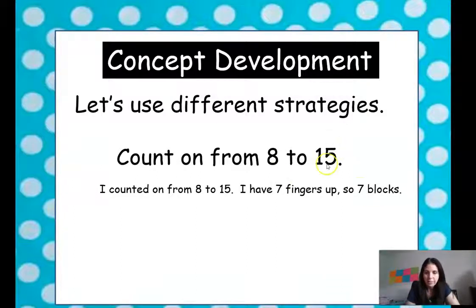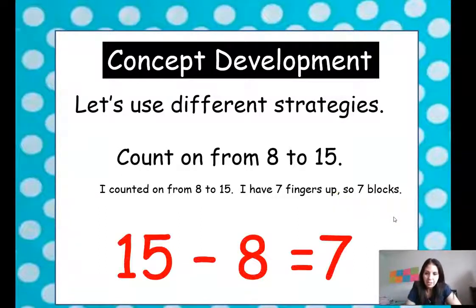Oh, I counted too far. 8 to 15. Whoops. Okay, let's try that again. 8, 9, 10, 11, 12, 13, 14, 15. There we go. 7 fingers. I was counting too far. 15 minus 8 equals 7.